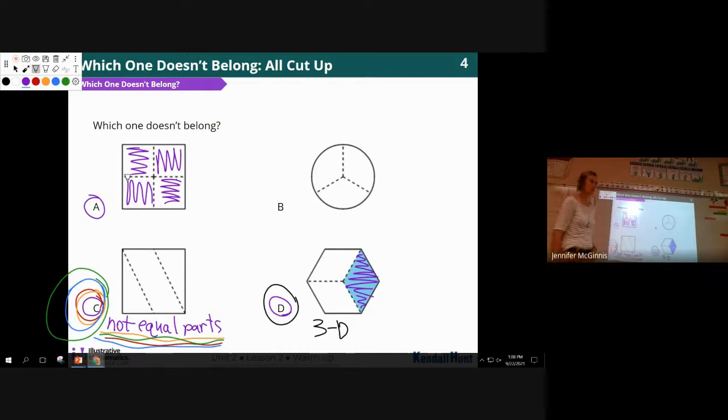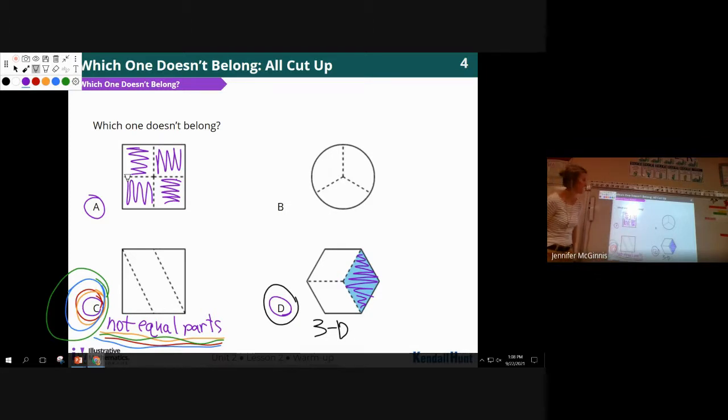Is Gage right? Yes. Does this one have 4 and all the other ones have 3? Yes. Are all the tables that said C right because these are not equal parts? Yes. Is everyone right that said D because this is the only one that has one shaded and the only one that's in 3D? Yes. What about B?